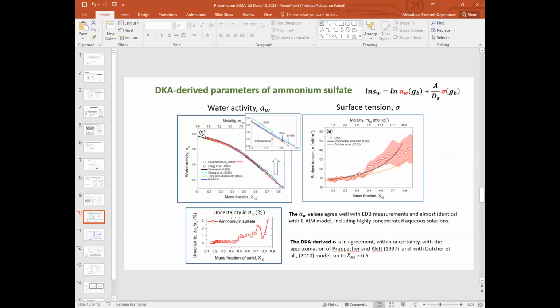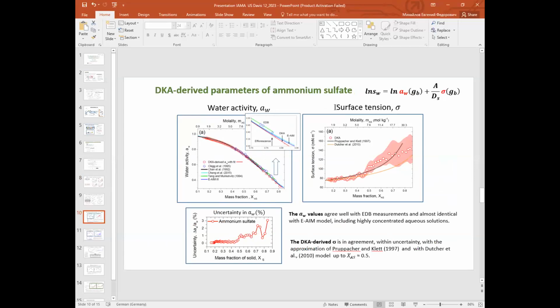So we can see that water activity is in good agreement with other models like the aerosol inorganic model, Chang's model, and the Clegg model, and a lot of them are in very good agreement with our data.